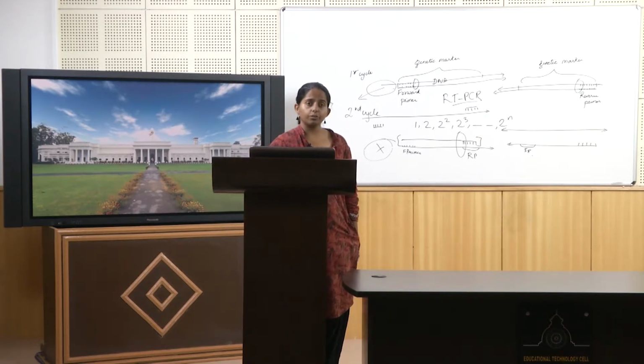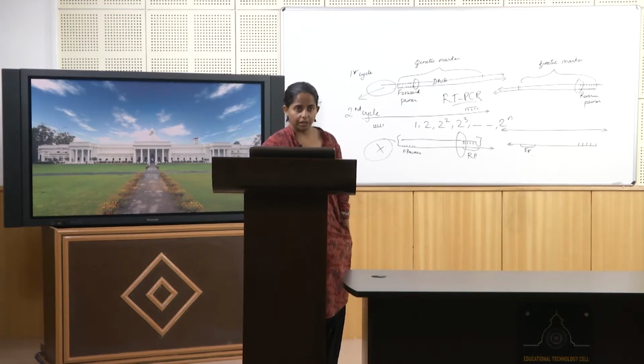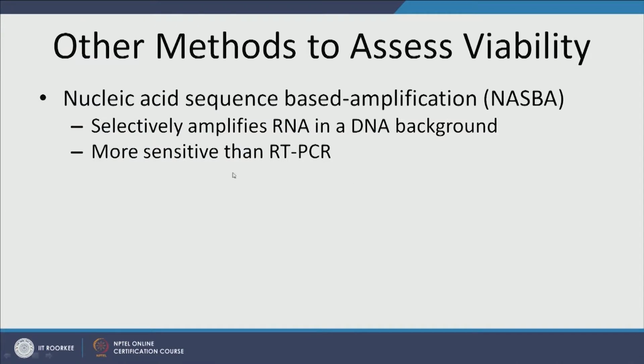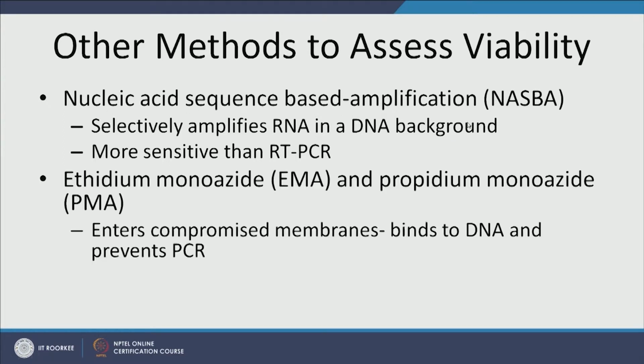Why would it be so? Because RNA usually is short lived. So if RNA is present in our sample and we detect it, we assume that the cell is active and alive, obviously. So we can do reverse transcriptase PCR, which is RT-PCR, or we can only amplify RNA in the DNA background, which is nucleic acid sequence based amplification.